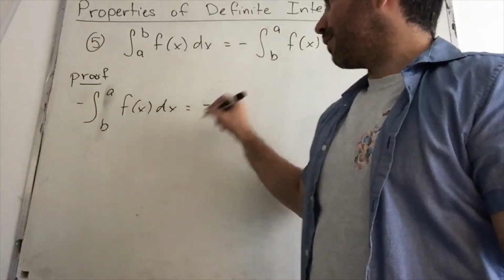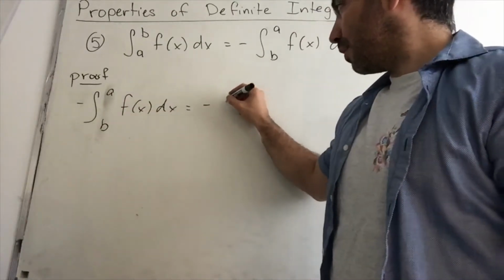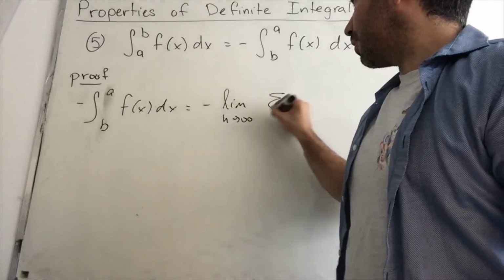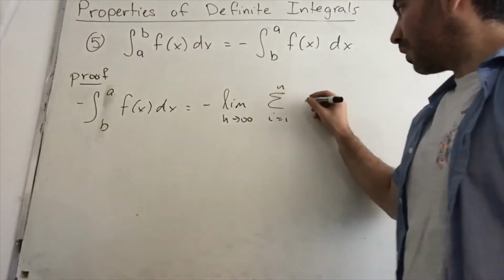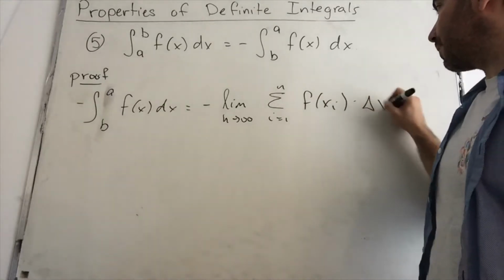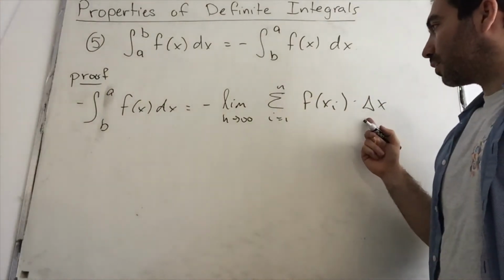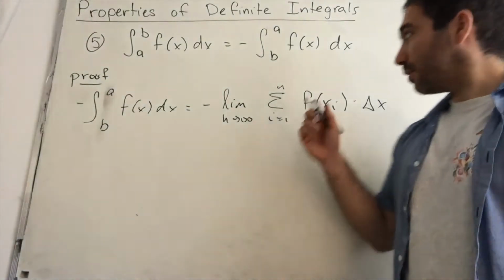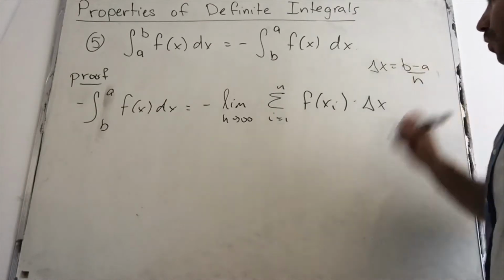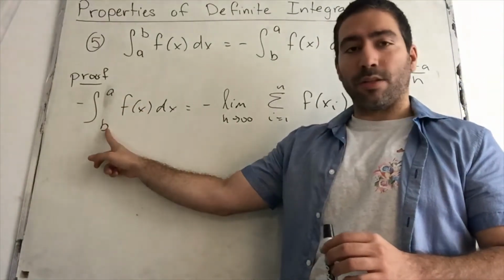This is equal to negative, I'm going to keep the negative in the front, and the integral from b to a is, by definition, the limit as n goes to infinity, summation i equals 1 to n, f of xi times delta x. Okay, but what's delta x? Well, delta x, we know, is equal to b minus a over n.